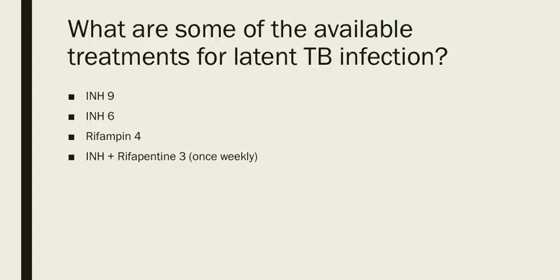But if we don't know if he's going to come back to his appointments and he's not likely to complete the 9-month regimen, we might give him 4 months of rifampin. Or if it is a patient who is taking many other medications, we might prefer to give him isoniazid rather than rifampin, since it has a lot of drug interactions.